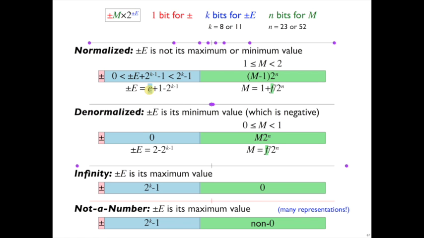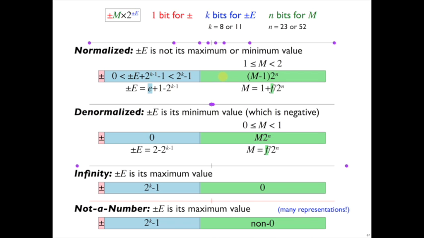But the way we encode a plus or minus big E, that's our exponent here, is that we take the number that we want and we add 2 to the k minus 1 to it, and then we subtract 1 off of that, and that gives us a little e. Or going the other way around, if we've got the unsigned number in this blue region, we add 1 to it and then subtract off 2 to the k minus 1. So it's kind of like a 2's complement representation, but tweaked a little bit to work better for floating point numbers.